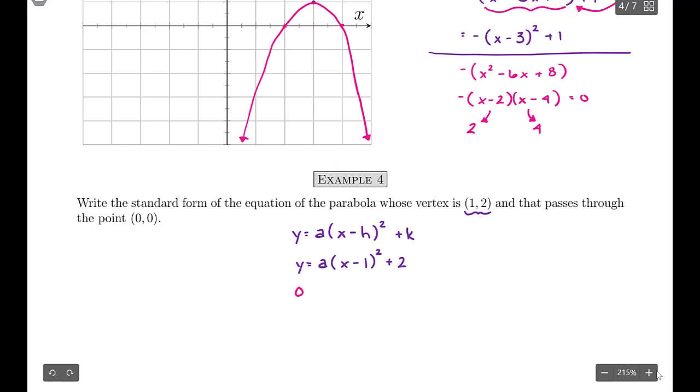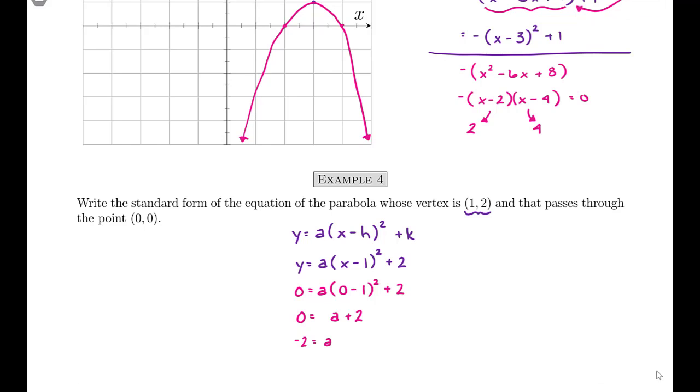So if I replace y with 0, x with 0, and I simplify this, I get 0 equals, this is going to simplify to negative 1. Negative 1 squared is 1, so it's just a plus 2. Subtract 2 from both sides, and you get a is equal to negative 2.